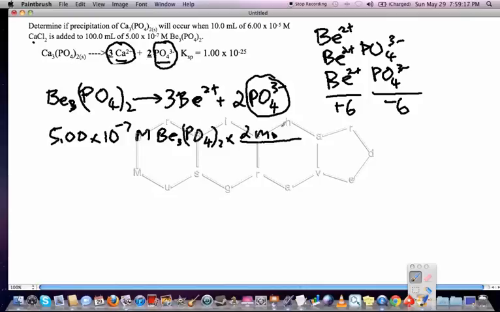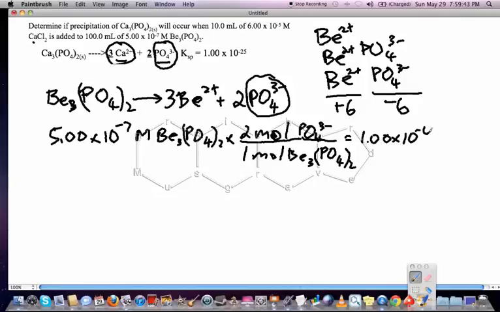So we're actually going to have 2 moles of phosphate here for every 1 mole of Be3(PO4)2. What that's going to give us is 1.00 times 10 to the negative 6 molar PO4 3 negative.